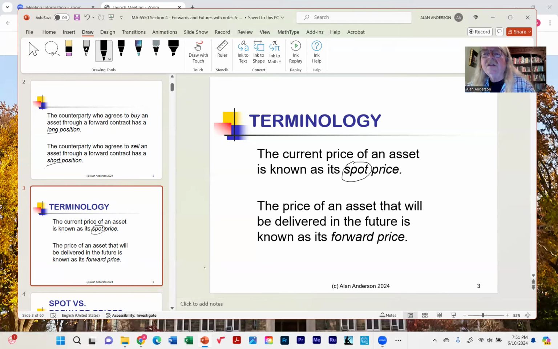But if I enter into a contract with a counterparty to buy gold in 6 months at a price of, let's say, $1,750, that is a forward price because that transaction will not take place until the future. Okay, so spot means the price paid for immediate delivery of an asset.